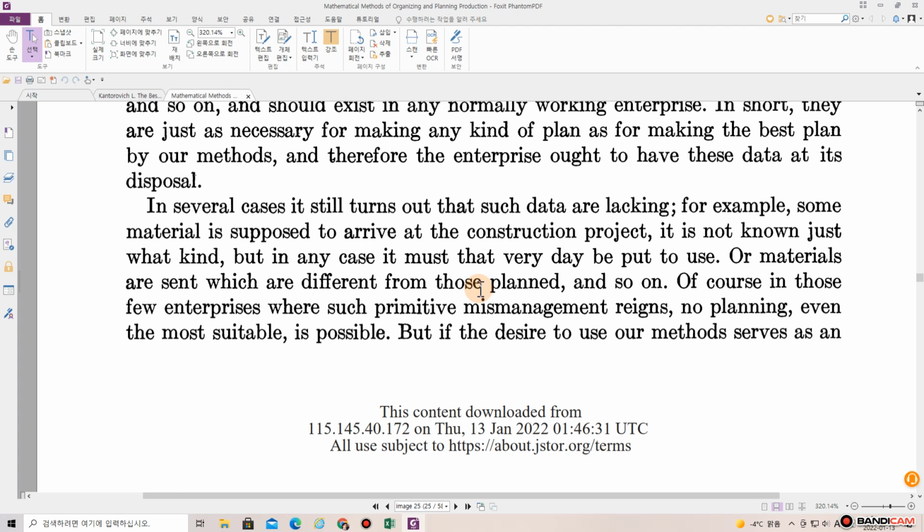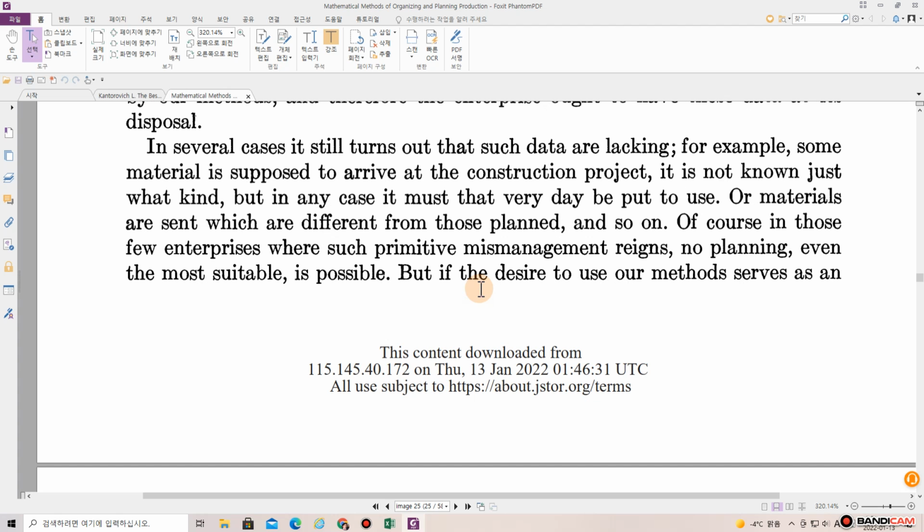In several cases, it still turns out that such data are lacking. For example, some material is supposed to arrive at a construction project. It is not known just what kind, but in any case, it must that very day be put to use, or materials are sent which are different from those planned, and so on.